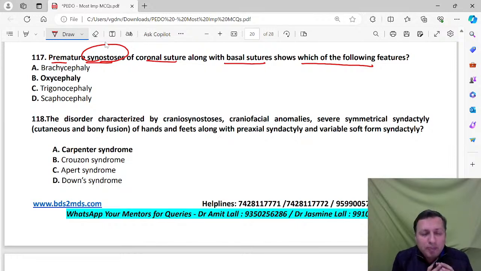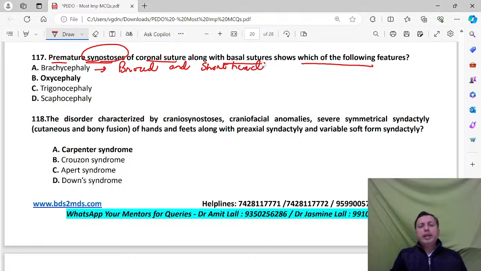Now brachy is when the child has a broad and short head. Okay, when the child has a broad and short head. Oxycephaly, you will see that the child has a pointed head.